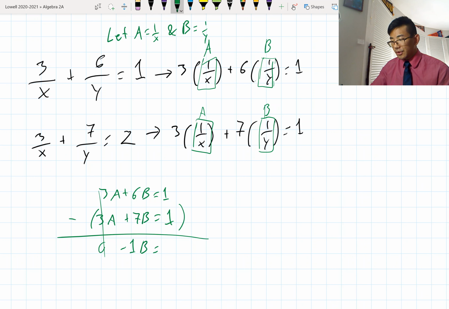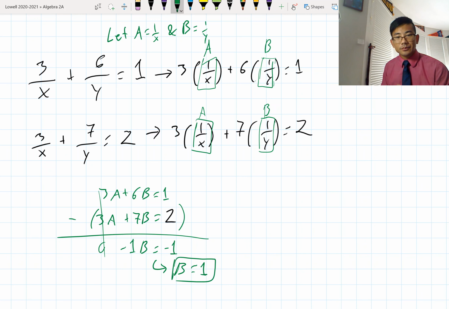Oh, sorry, the right side should be 2, not 1, so 1 minus 2 is negative 1. And that tells us that b is equal to positive 1.